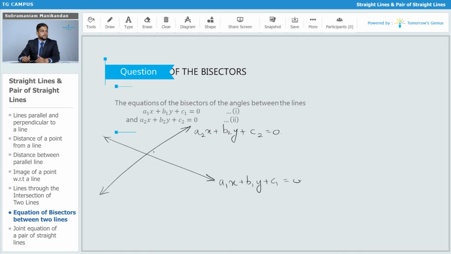So therefore, there is this one angle which is an acute angle, and there is this other angle which is an obtuse angle. Suppose we consider the dotted line as the bisector of the acute angle formed between these two lines.